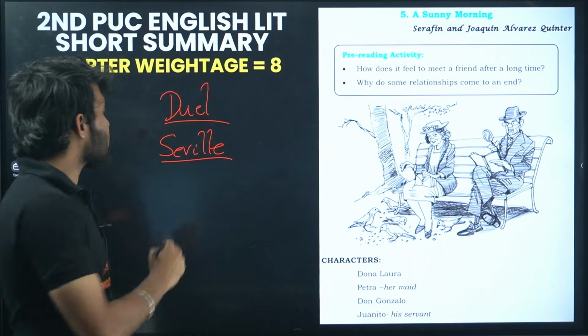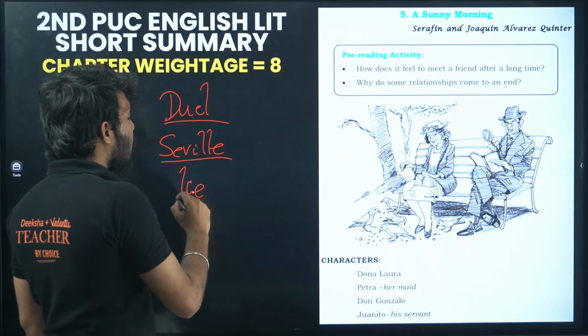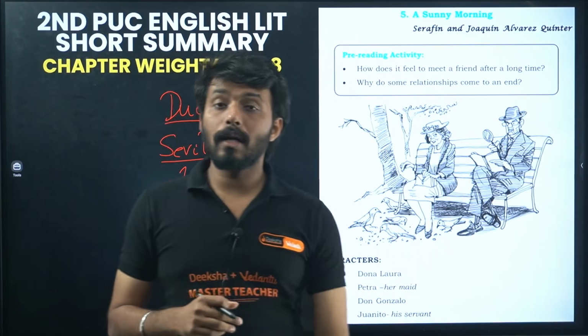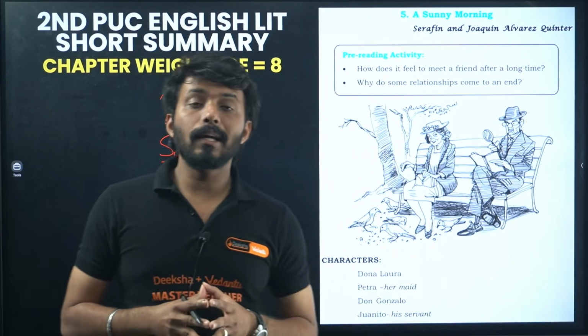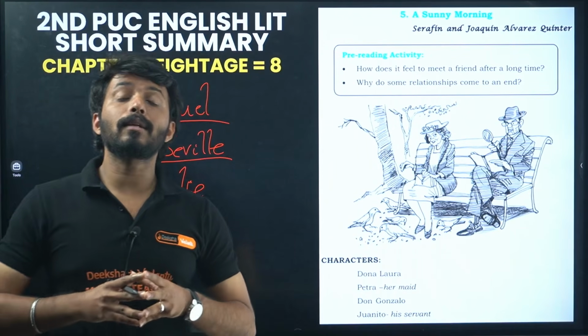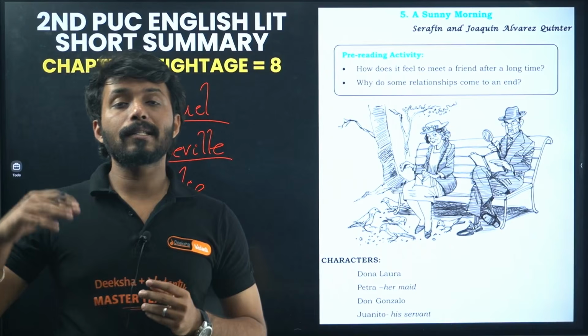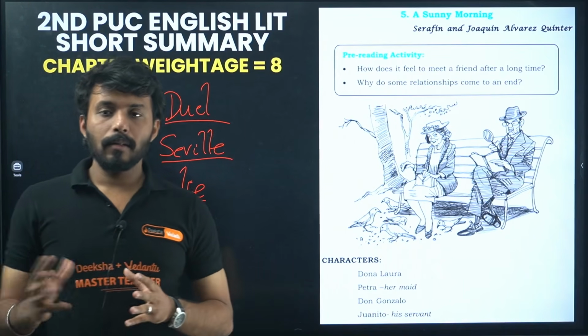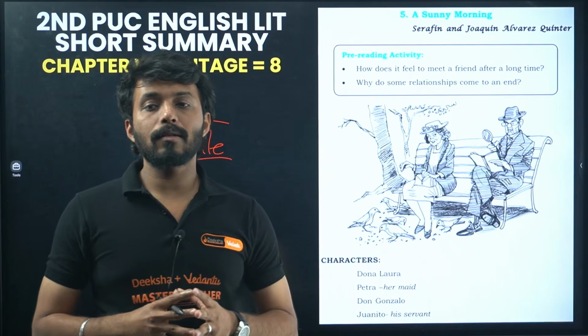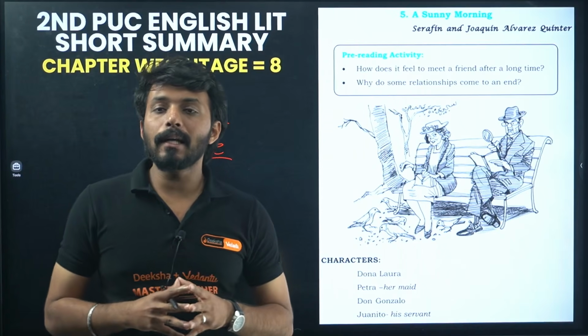So what is he lying about? After the gallant horseman runs off to Seville, he later gets drafted into the army, and he dies bravely in a war. This is what Don Gonzalo tells Donna Laura, when in reality it was something else.